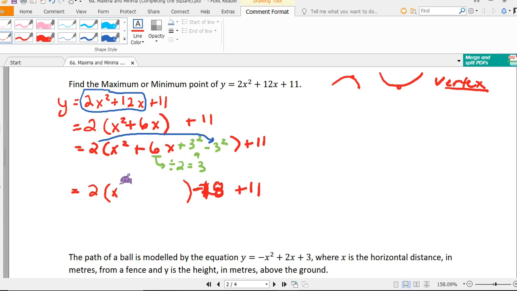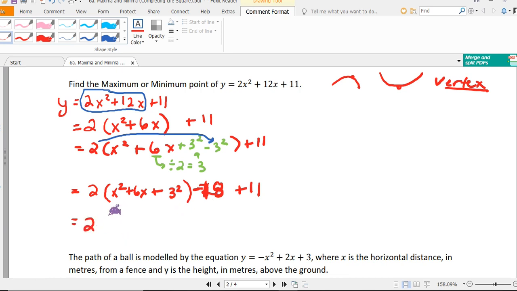Now I'm just going to copy down the rest of this. So we got x squared plus 6x plus 9, or plus 3 squared. Okay. Now, what is this in vertex form?